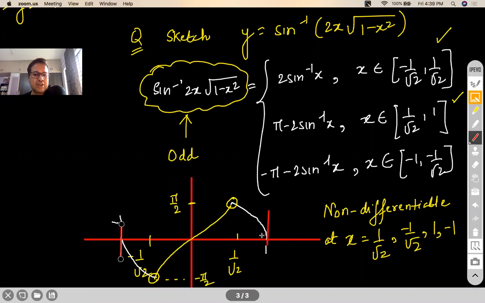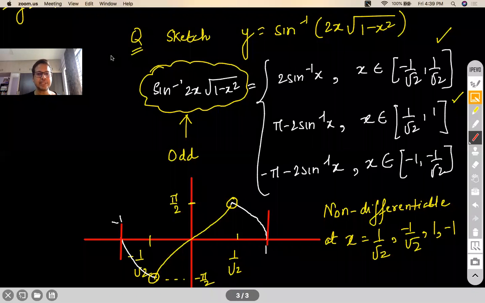So it will not be differentiable at those positions as well. Don't worry about the differentiability concept, because I'm going to take it up in the continuity and differentiability session, maybe after 2 classes or so, because continuity itself will take a bit of time.